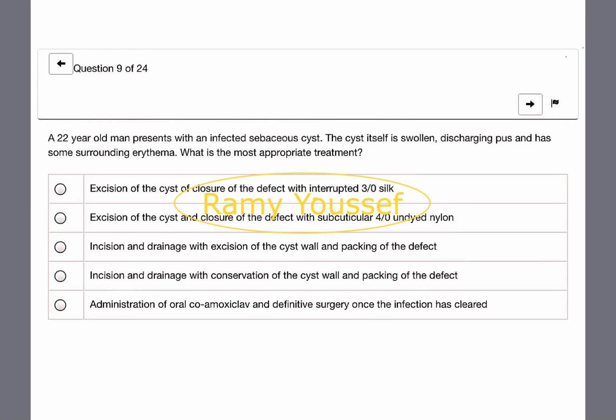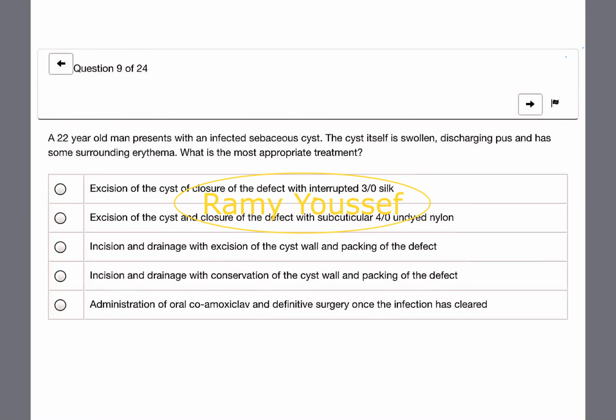An infected sebaceous cyst is converted to a sebaceous abscess, so it's incision and drainage. C, incision with excision of the cyst and packing.